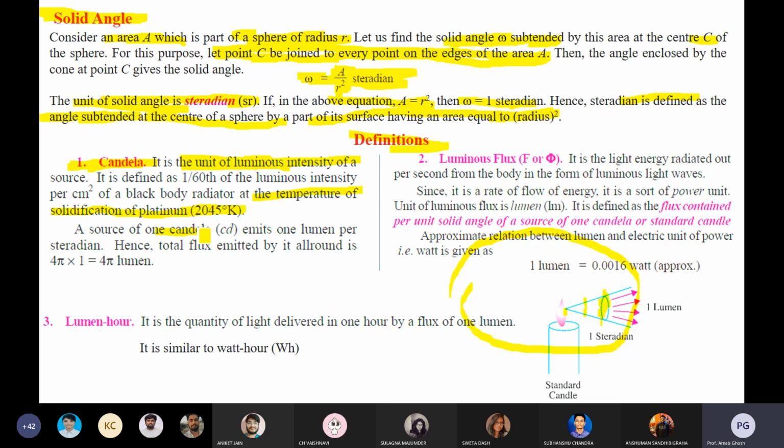A source of 1 candela, CD, emits 1 lumen per steradian. The total flux emitted, spread over 4 pi, is 4 pi into 1, equal to 4 pi lumen. So what is luminous flux?